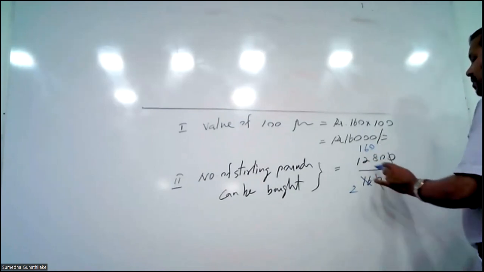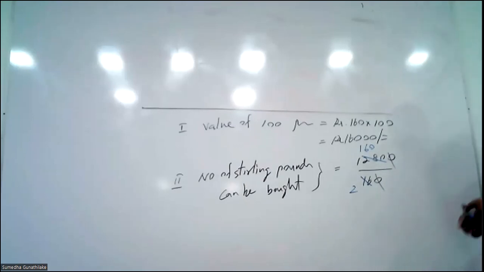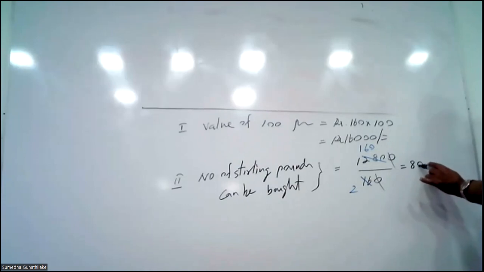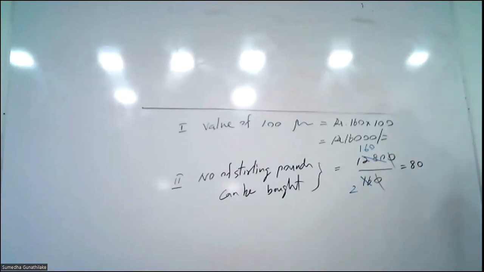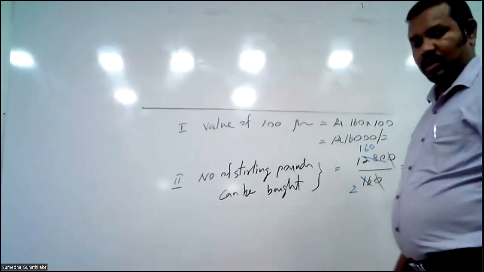Another 0 here. Right? 160 divided by 2. That is 80 sterling pounds. Then we can buy 80 sterling pounds from 12,800 rupees.